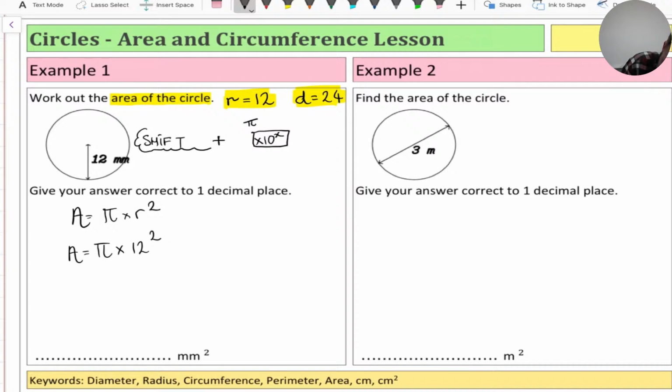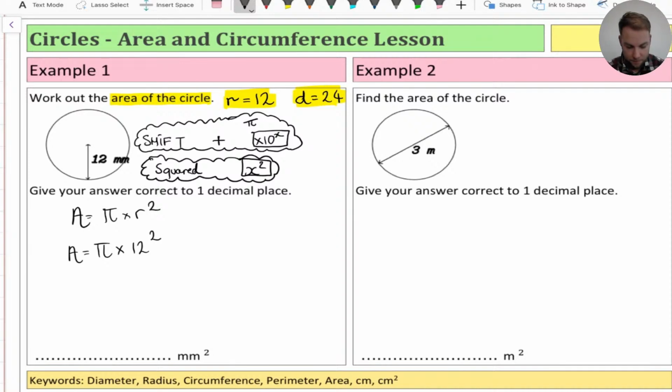That's how to get pi. To get the squared button, you need to use the x squared key, which is that one. Okay? Maybe I shouldn't have put the things around them.